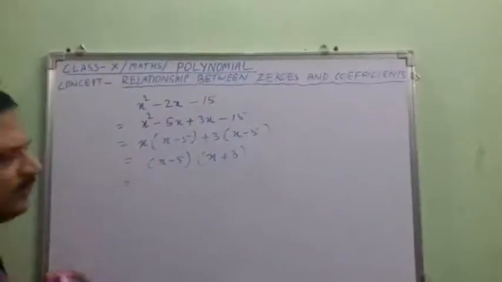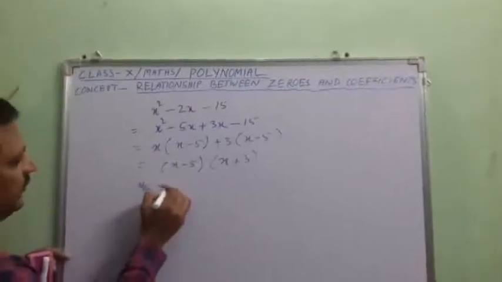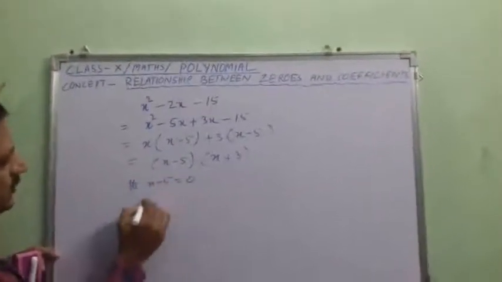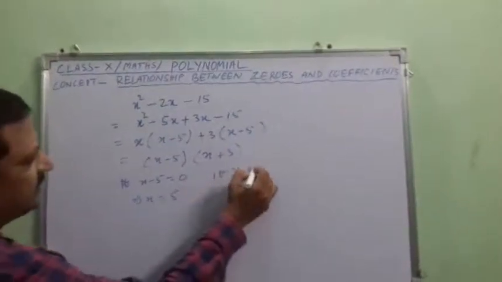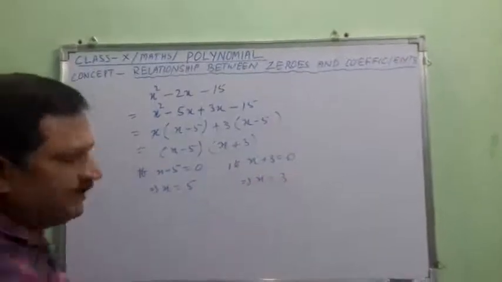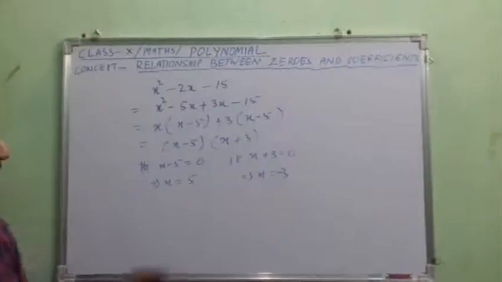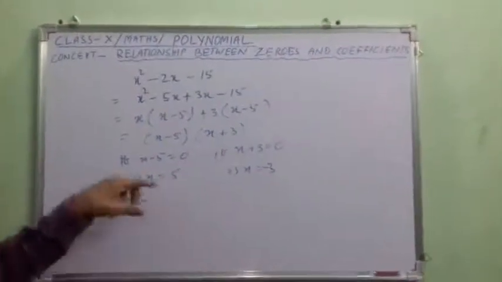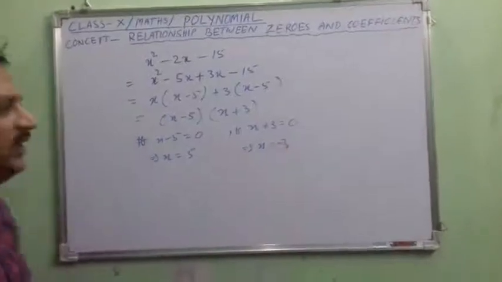And from this, if x minus 5 equals 0, x equals 5. If x plus 3 equals 0, then x equals minus 3. So x equals 5 or x equals minus 3.